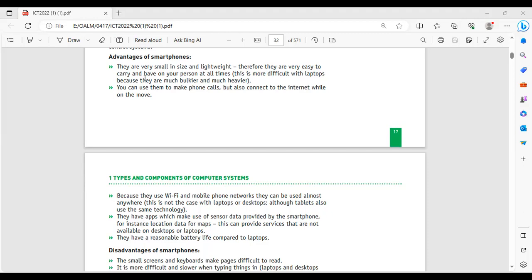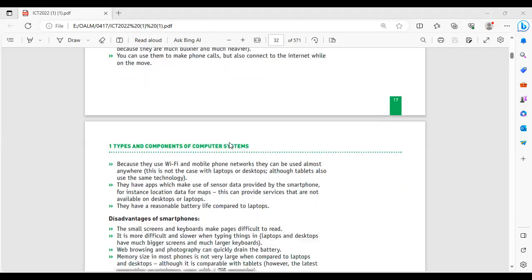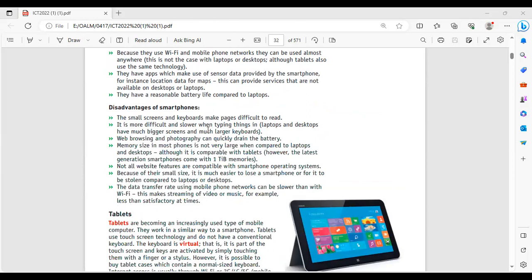No, Rehan has to explain. Rehan, can you explain advantages? You have to explain disadvantages, okay? Okay, sure. Okay, Rehan, are you ready? Okay, Zaris, you tell us about disadvantages. You can go through.